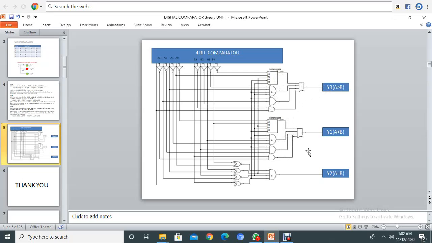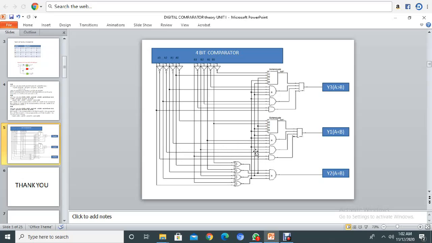Here just opposite, Y1 A is less than B, so A3 bar B3. Here A3 bar is connected to this AND gate, B3 is connected to this AND gate. Next X3, A2 bar B2.